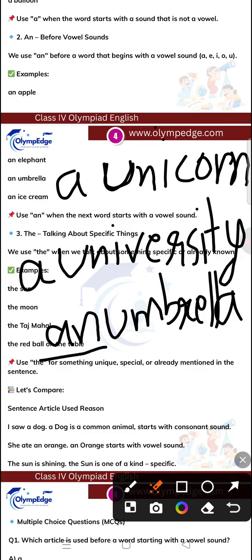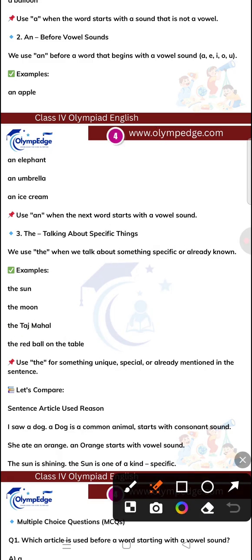But in the case of umbrella, the word starts with the letter U, but does not start with the pronunciation U. We don't say 'yumbrella', we say 'umbrella', so we use an before that. I hope you understood, students.